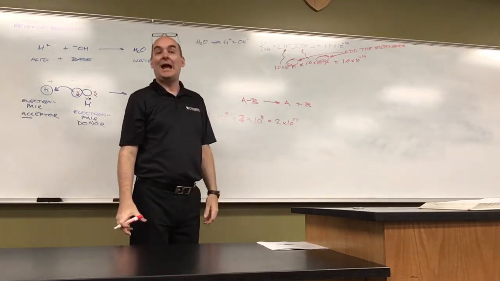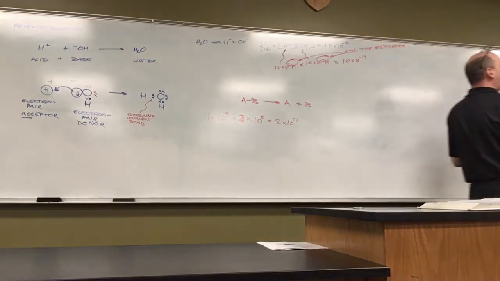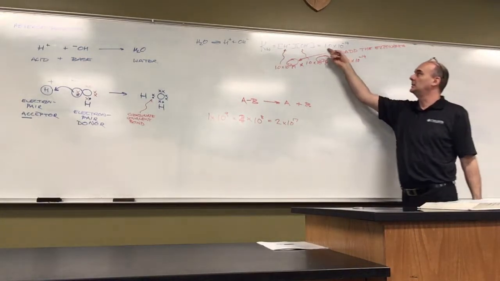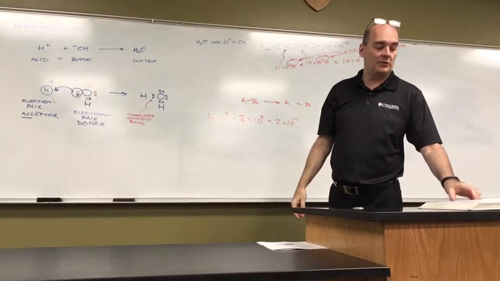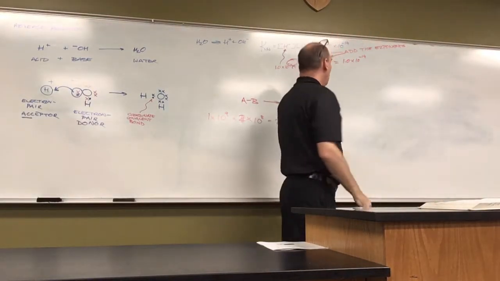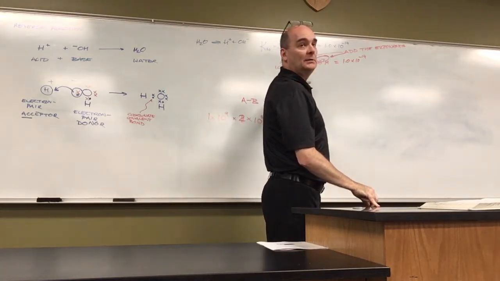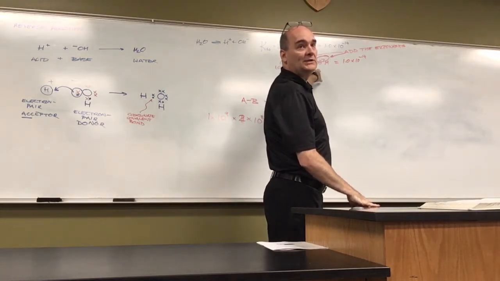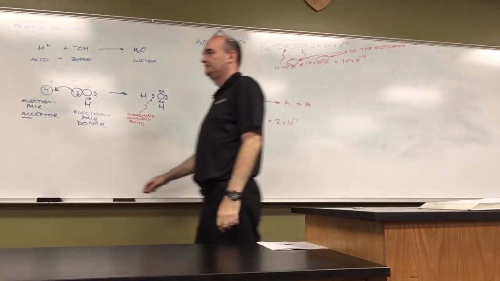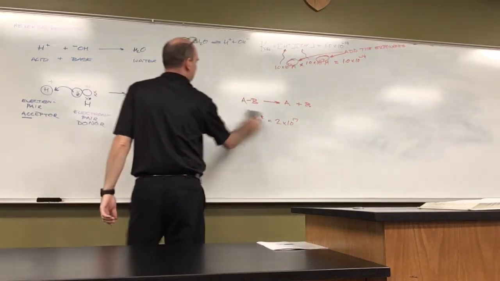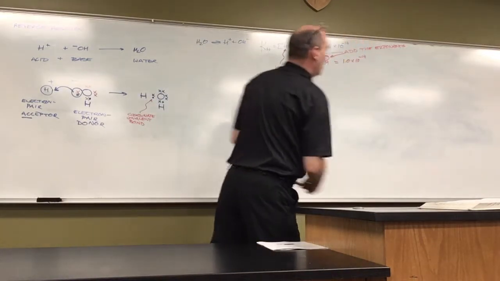The exponents add. Okay, so my number came out, and I find that number experimentally, this number, 1 times 10 to the negative 14. That's my ion product for ionization of water. Which means those numbers have to be 1 times 10 to the negative 7 each. Okay. So let's think.